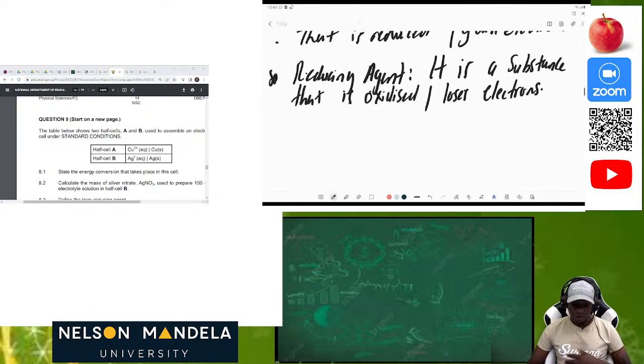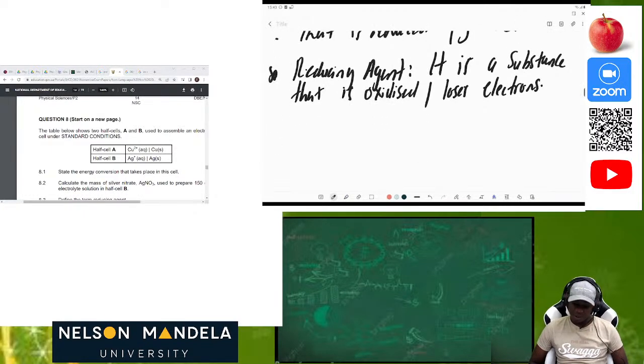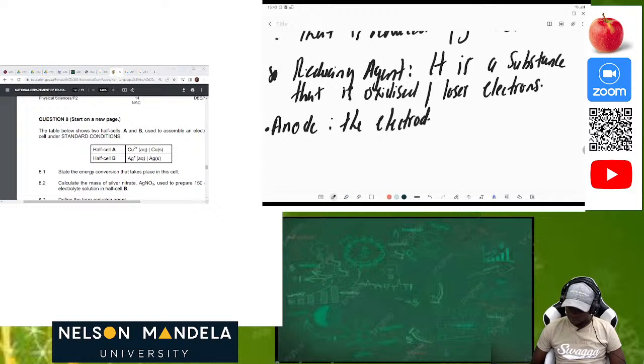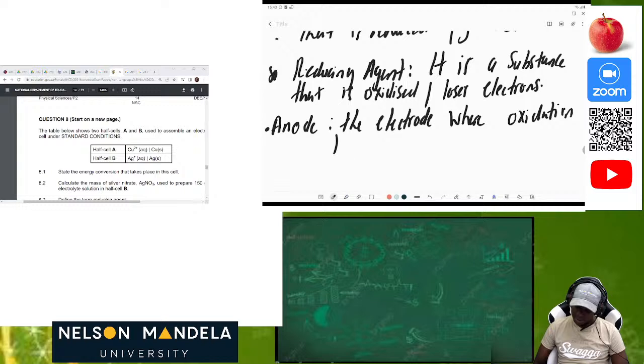Then the last two terms that I wanted to get relevant with are what we call an anode and a cathode. So what is an anode? An anode is the electrode where oxidation takes place.